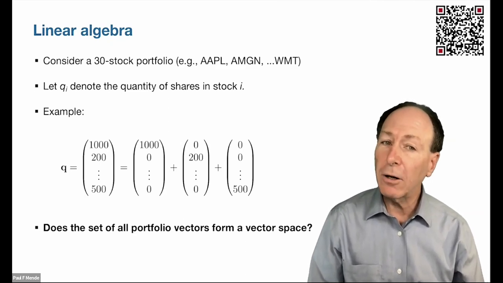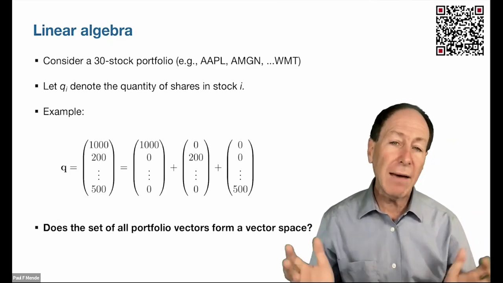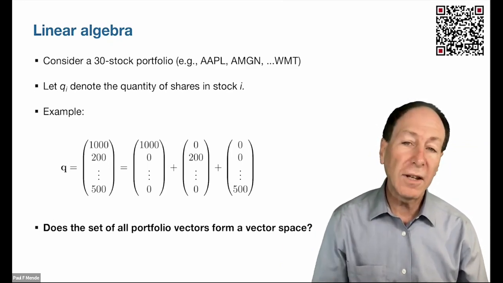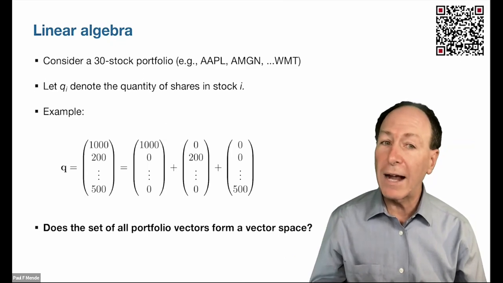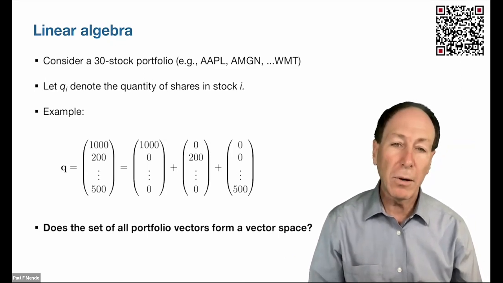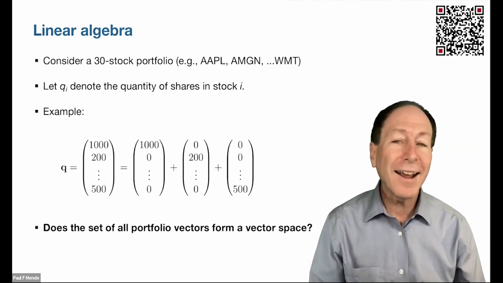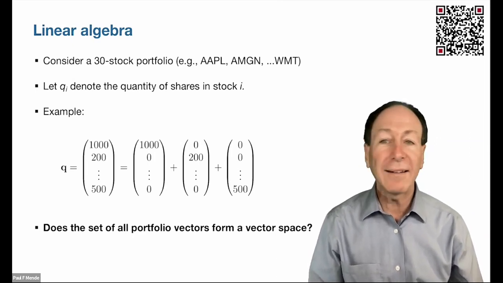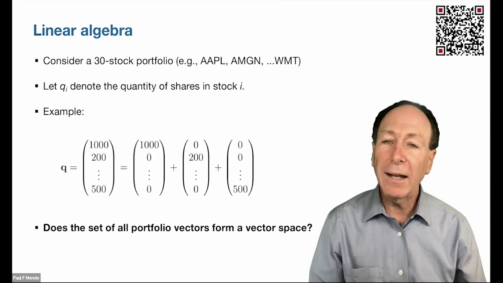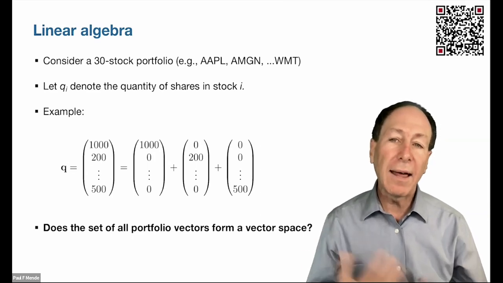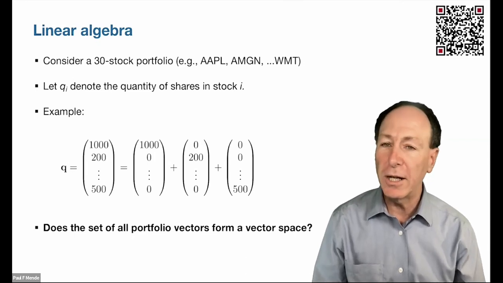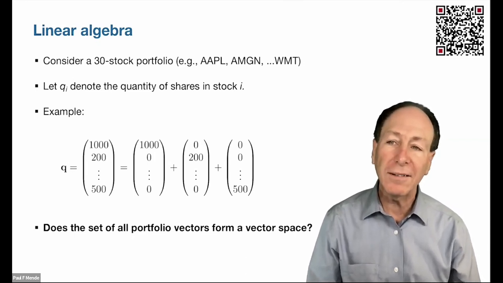So does it matter that the scalars in our definitions in linear algebra are integers as opposed to real numbers, or that they're rational numbers as opposed to real numbers? Well, if you go back and take a look at the theorems, you'll see that a lot of stuff breaks. You can't solve a whole bunch of problems. And we need to decide, as applied mathematicians and as financial engineers, whether it's still a good approximation.